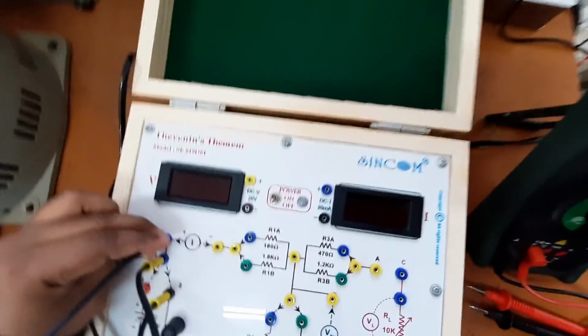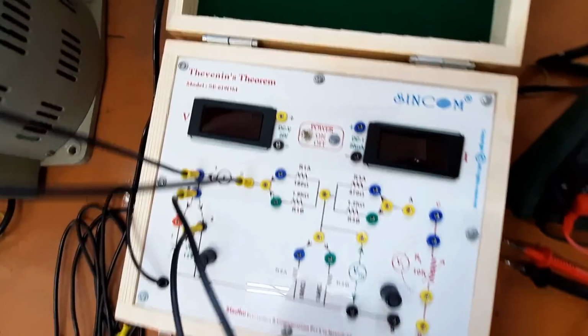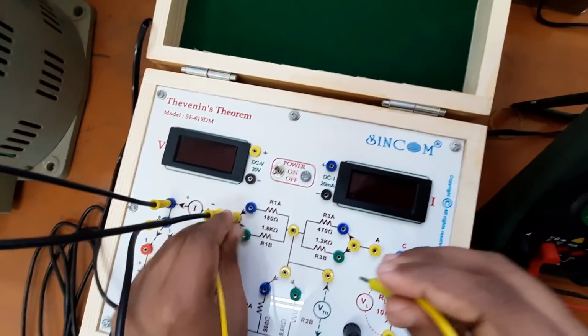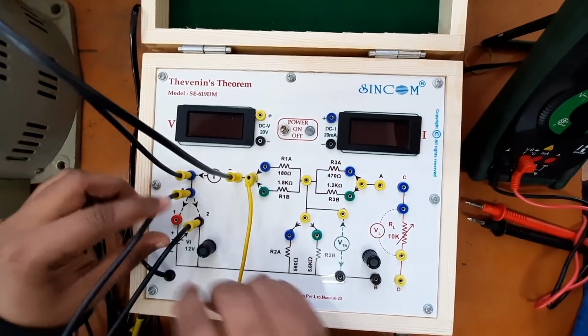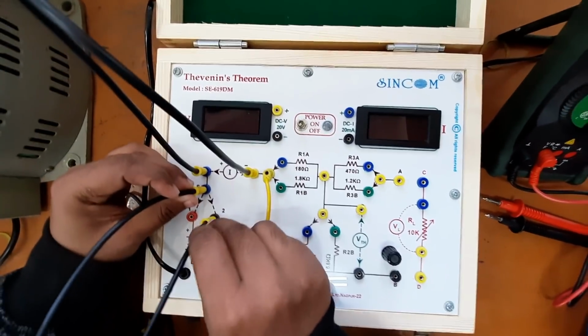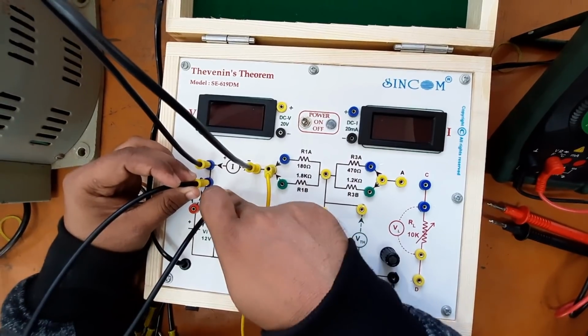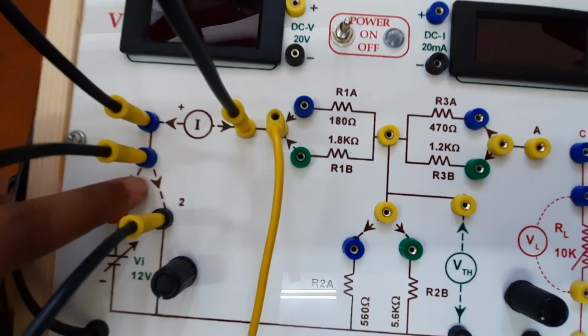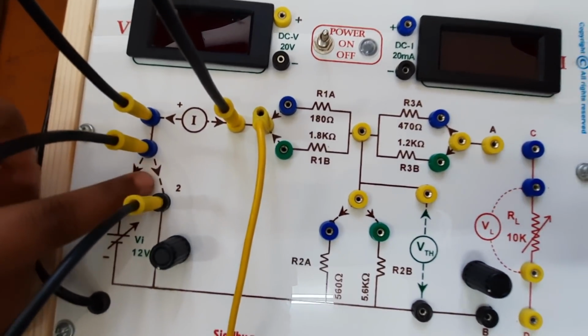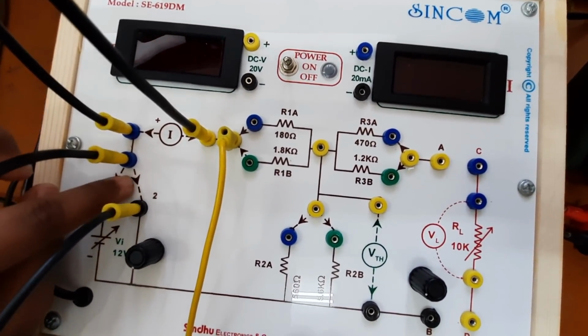Now these are the connections for making the circuit. Okay, I have shorted it because actually there is no internal connection. If you observe, it has a dash line. Okay, so it is showing that there is no internal connection.